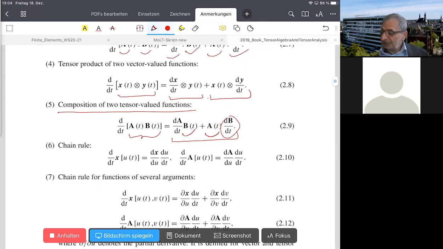Right, another important rule is the chain rule. Namely, just imagine that we have a vector function x of scalar variable u, but this variable u is in turn a function of another scalar variable t, and we need the derivative of this vector function x with respect to t. Classical chain rule of differentiation is valid also here.